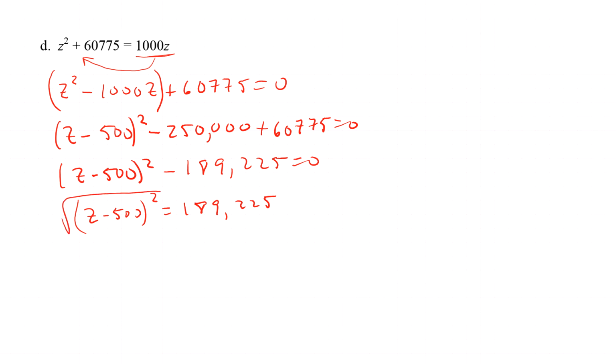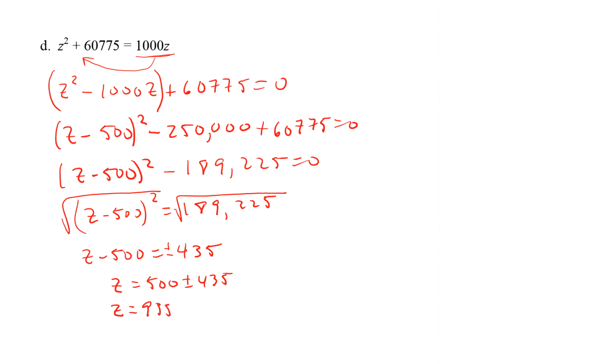Take the square root of both sides. So z minus 500 equals, the square root of 189,225 is 435. Thank God it's a whole number. And then remember, that's going to be plus or minus. We add 500, so we get z equals 500 plus or minus 435. So z equals 935 and 65.